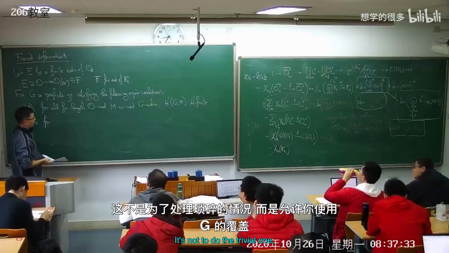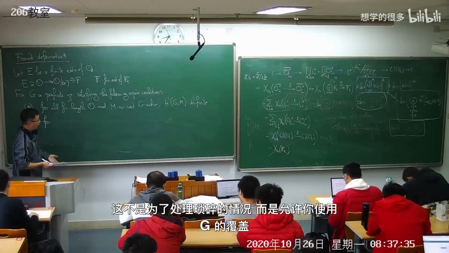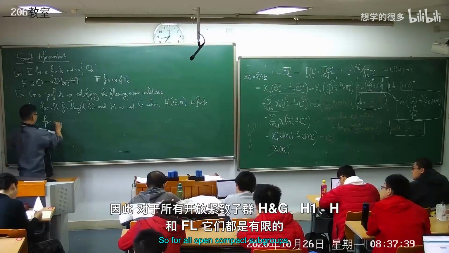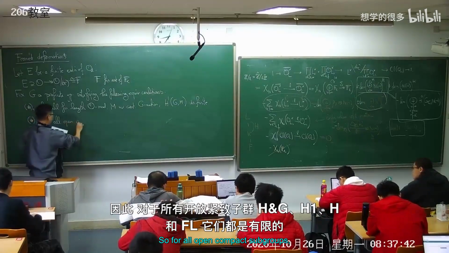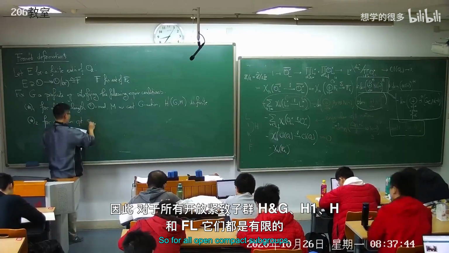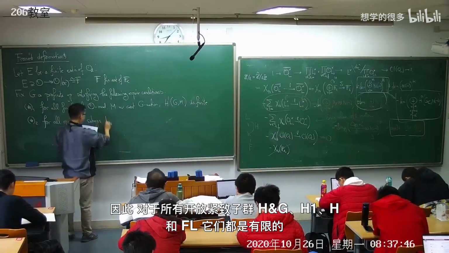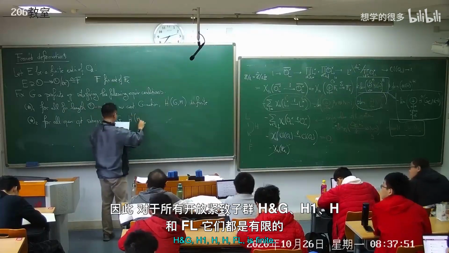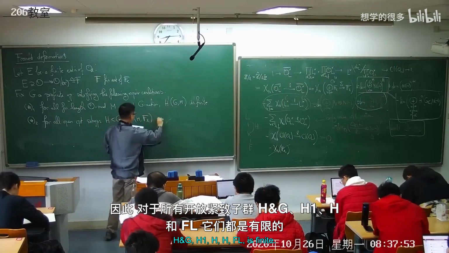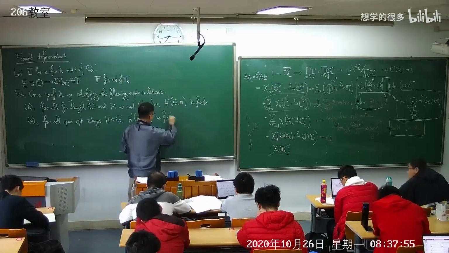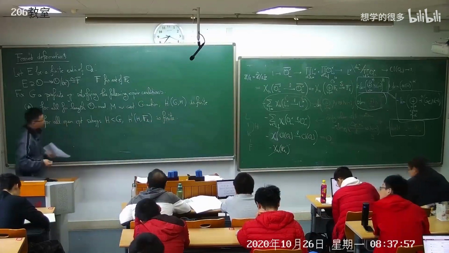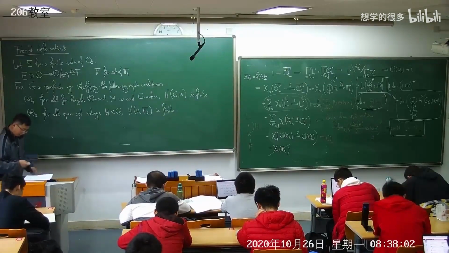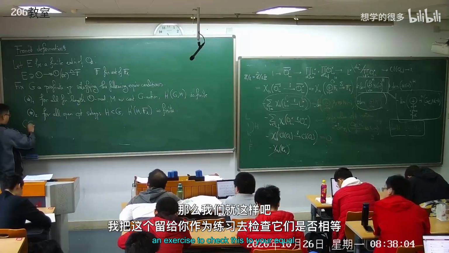It's enough to do the trivial one, but you allow yourself to work with covers of G. So for all open compact subgroups H in G, H1(H, F_L) is finite. Okay. I leave it as an exercise to check these two are equivalent.